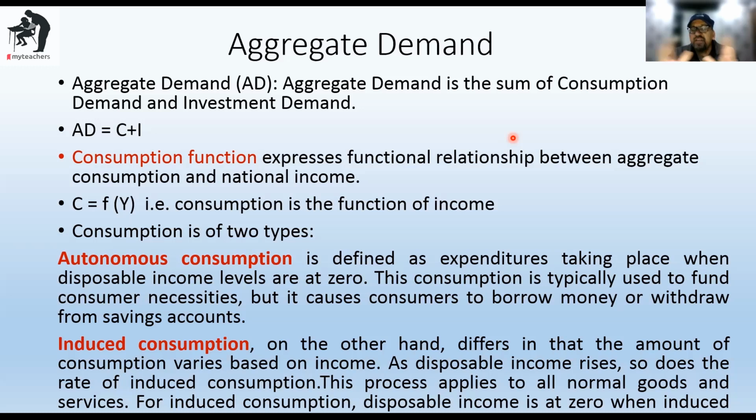Autonomous consumption is defined as the expenditure on goods and services purchased by the people in an economy to satisfy their human wants, and this part of the consumption expenditure remains constant at each and every level of income.